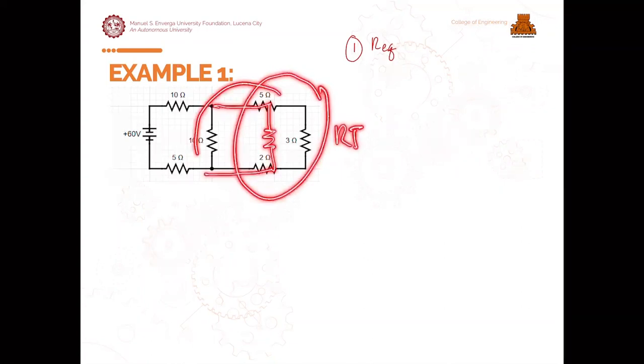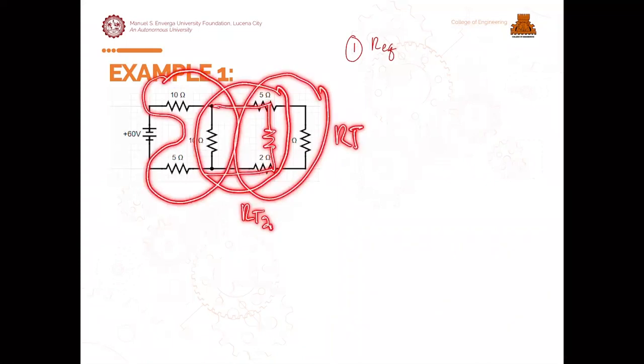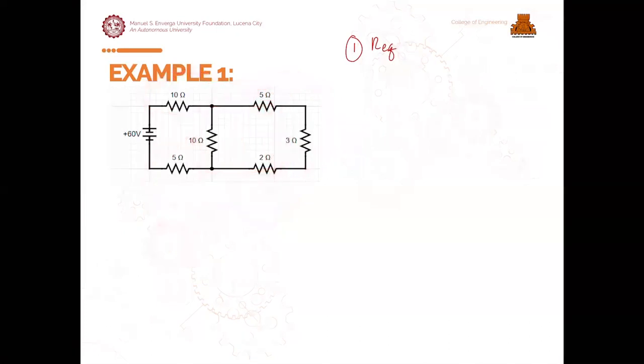Kukunin natin ngayon yung equivalent na value nito, the RT2, kunyari. Okay? And pag RT2 na yung value nun, ano yung relationship niya dito sa dalawang to? So, sila is in series na sila. So, para makuha yung total equivalent, kunin lang natin yan. Okay? So, yun yung gagawin natin.